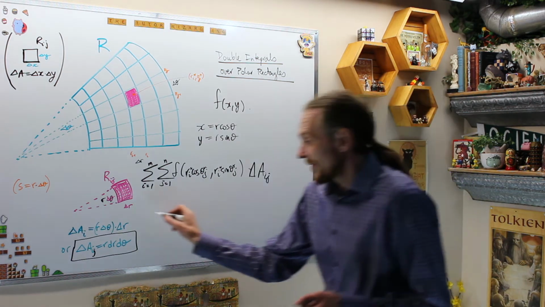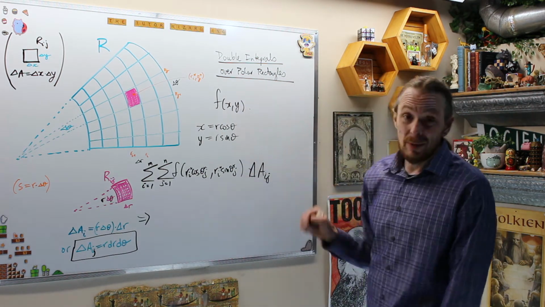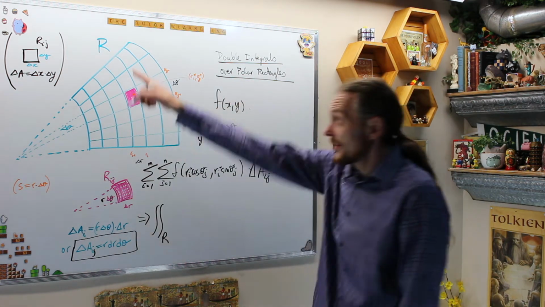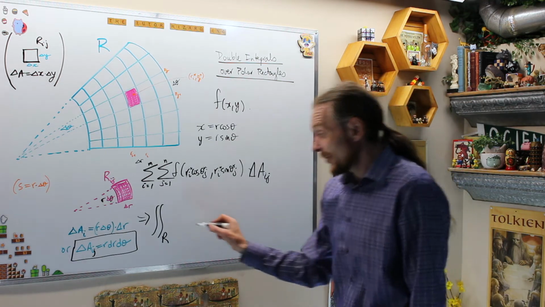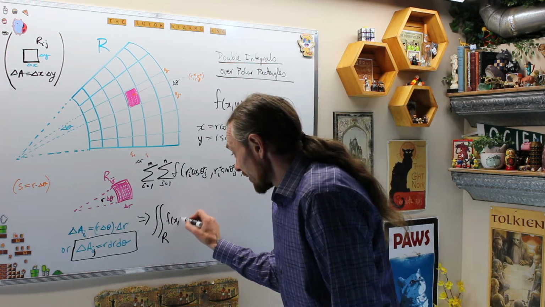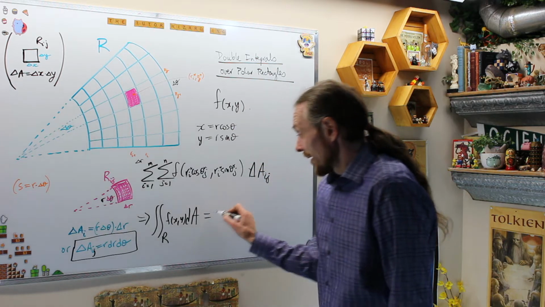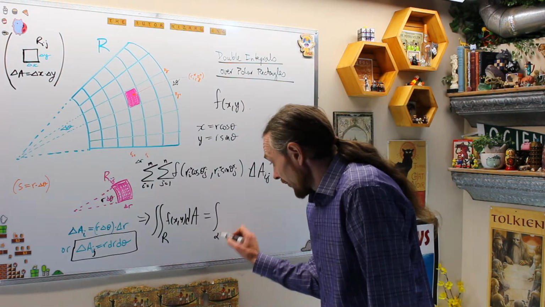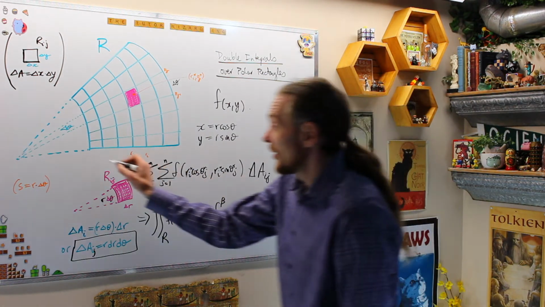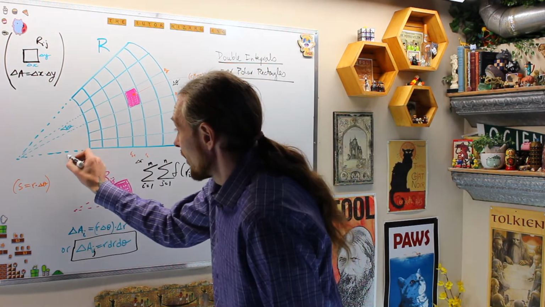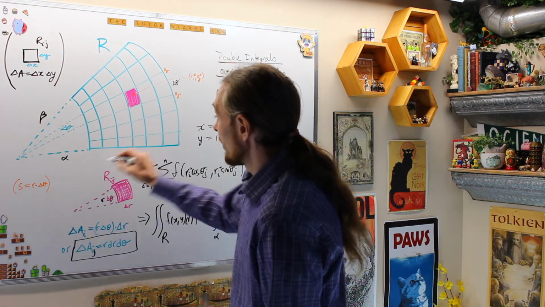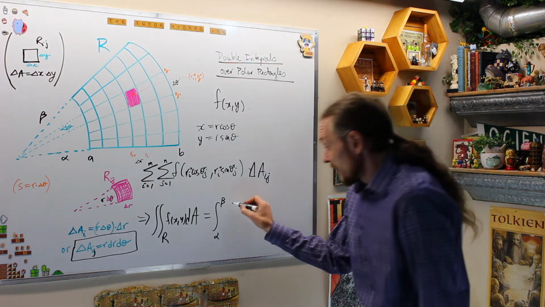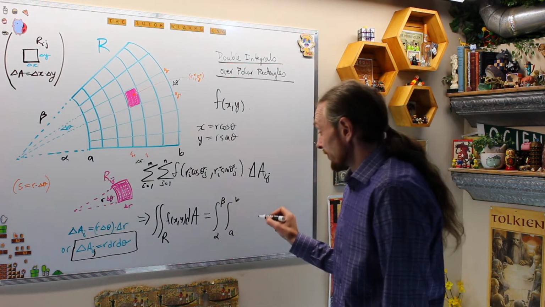And then what is that going to give us? Long story short, the double integral over this polar rectangle R, a region of this type, of f of x, y dA in polar coordinates is going to be the integral from alpha to beta, with r going from a to b in general, the integral from a to b of, now what?